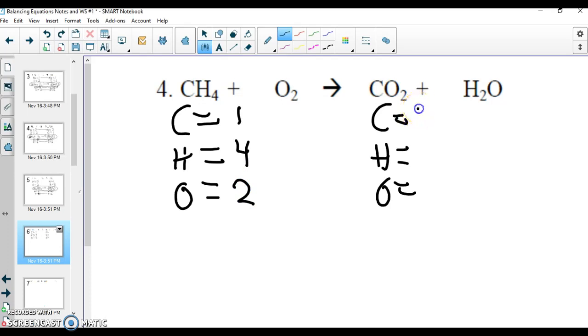Remember, you've got to be able to count these atoms. So we've got 2 oxygen here, we've got 1 oxygen here, so that's 3, and you've got 2 hydrogen. So we've got carbon is already balanced, the hydrogen is not, the oxygen is not.